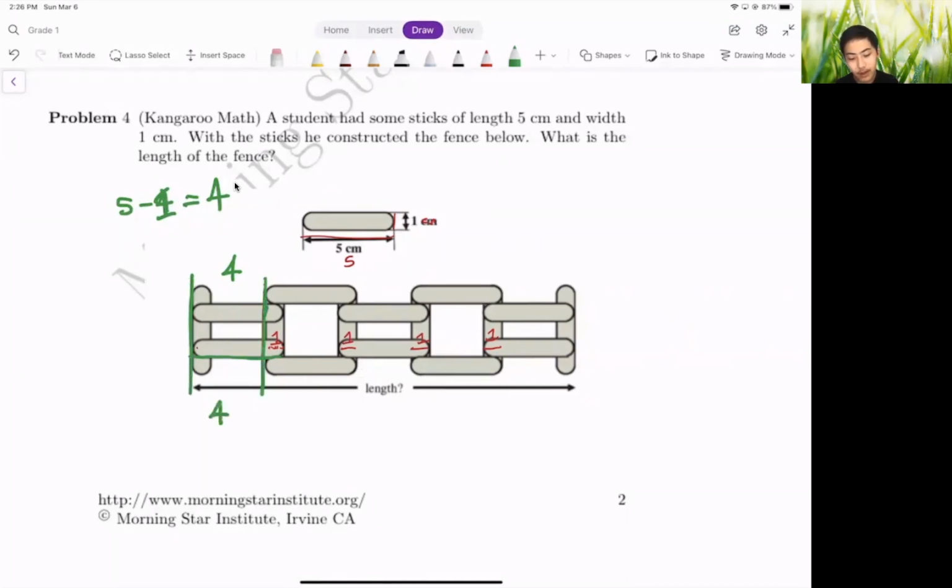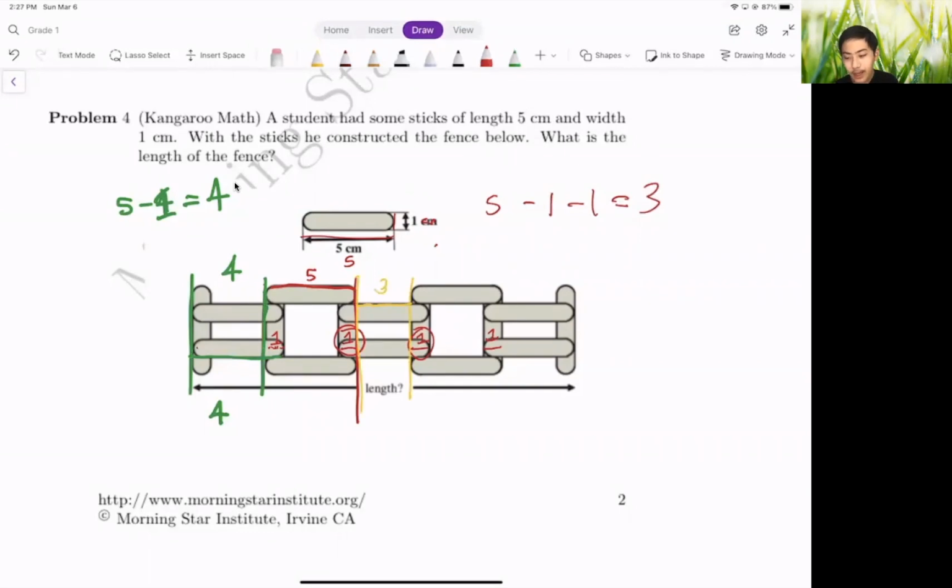And for the next one, we don't have to solve anything. We just know that this is supposed to be 5 since the length of this is 5. And then we have to solve the middle part. Well, we know that this should be 5 subtracted by 1 right here, subtracted by another 1 since it's overlapped by here, and this gives us 3. So the length of this part is 3.